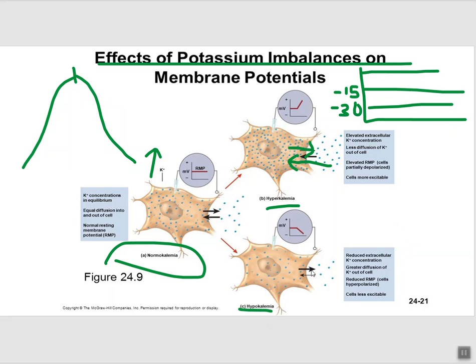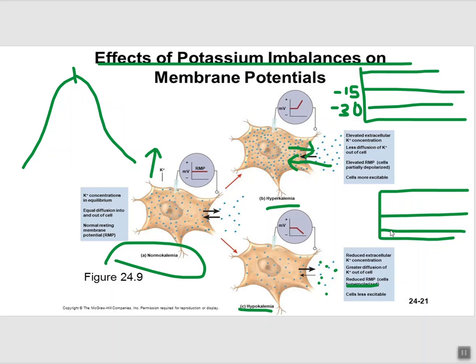Hypokalemia, I have an extraordinarily low amount of potassium on the outside of the cell. Again, resting membrane potential, threshold. What happens here is because there's less than normal potassium outside, I'm going to have an increase in the amount of potassium that goes out. So I'm actually going to lower the resting membrane potential. I'm going to actually hyperpolarize the cell.